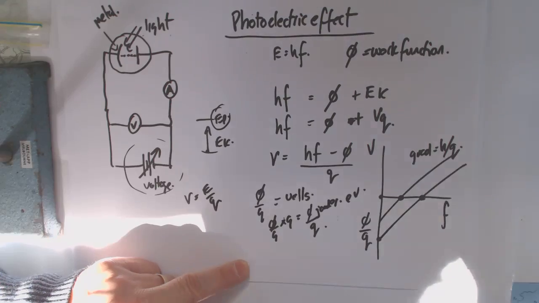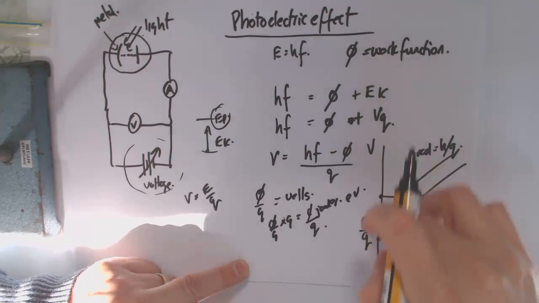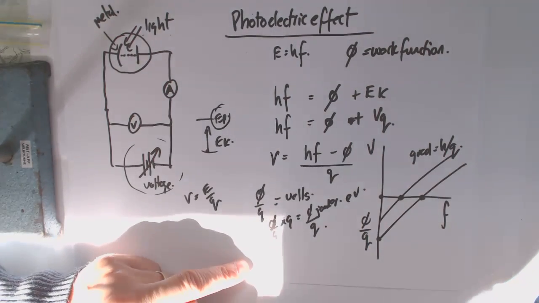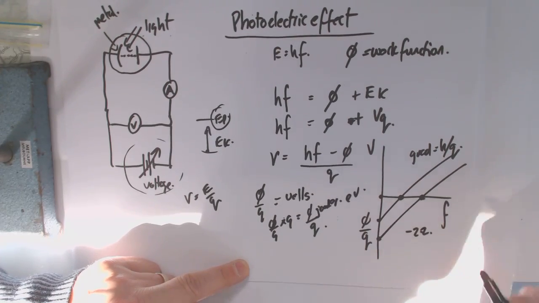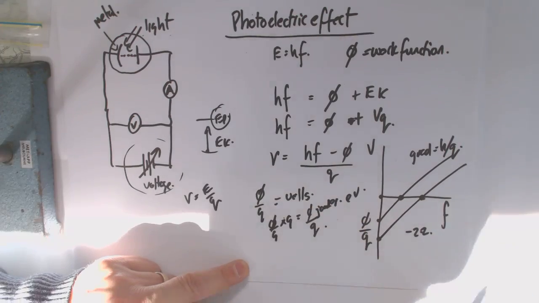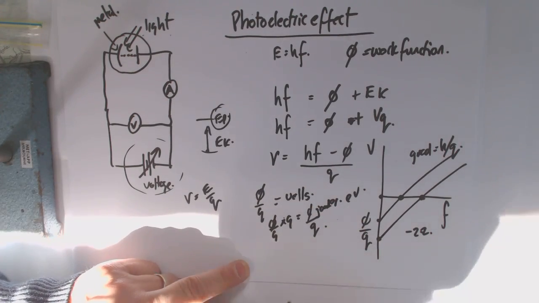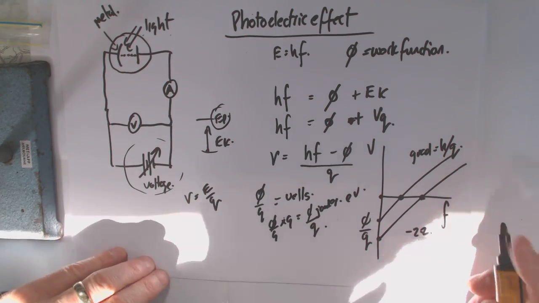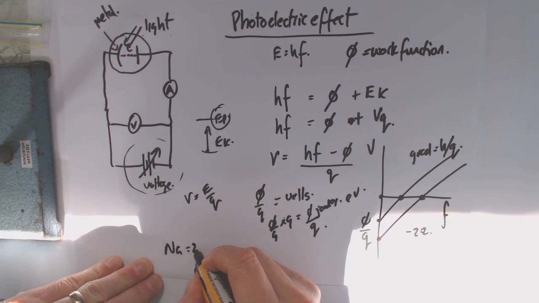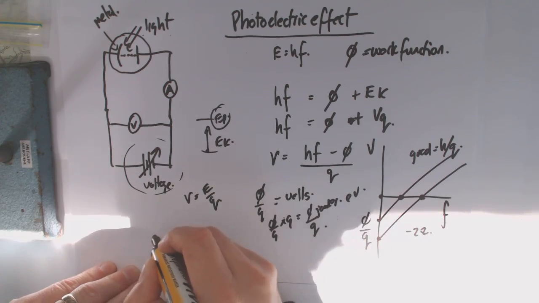So what we find is that although this is a voltage reading, if it's down here at minus 2.2, then just from that little calculation we've done, that's the work function for that metal in electron volts. Typical numbers: sodium equals 2.28 electron volts. These are work functions.